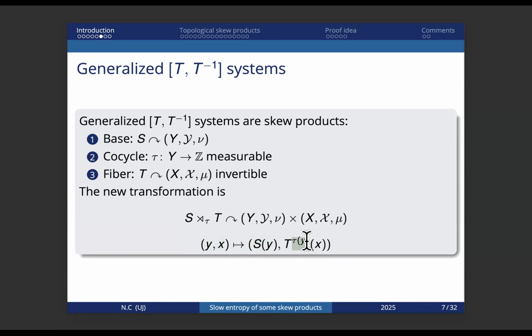This something previously was 1 or -1, now it is tau of y. So the idea is that we take a point y, which lives in this system, and we look at its orbit by the transformation S. And at each point of that orbit, we apply this cocycle, which gives us a number. That gives us a sequence of integers, and that replaces the sequence of coin flips.